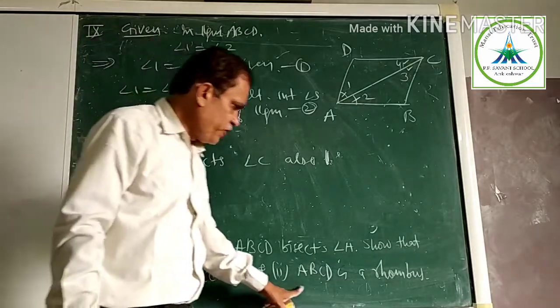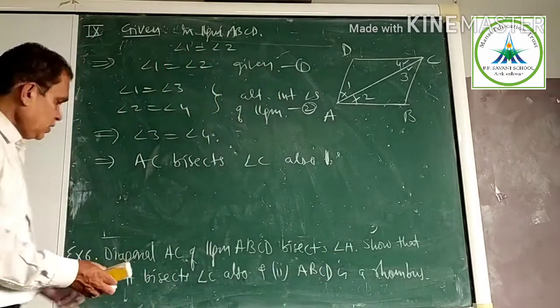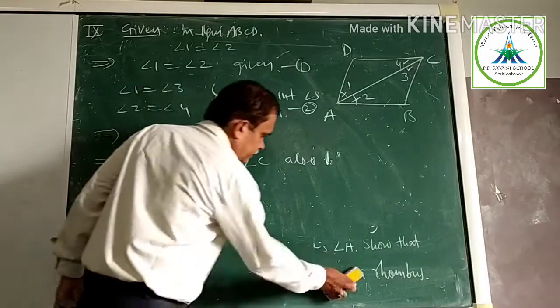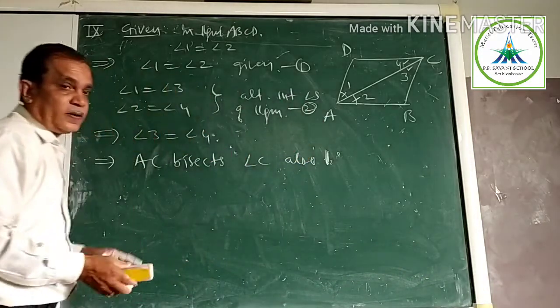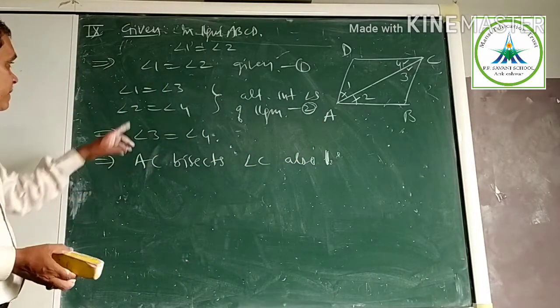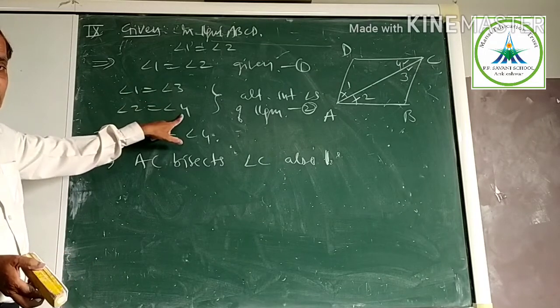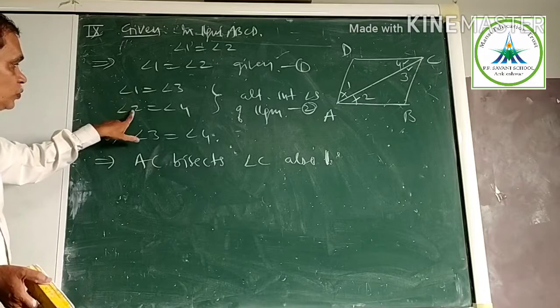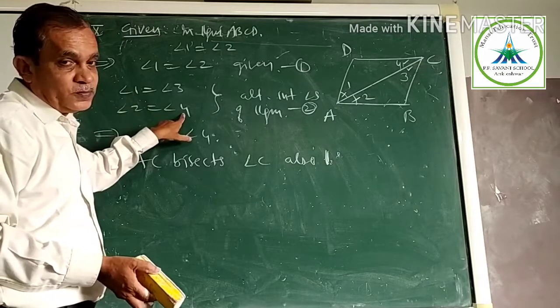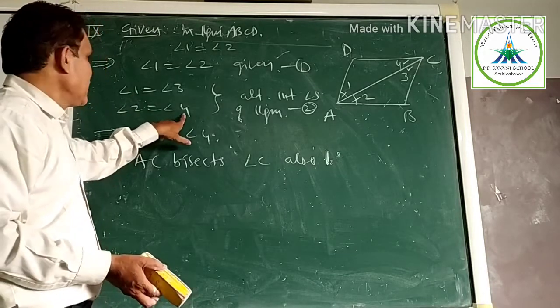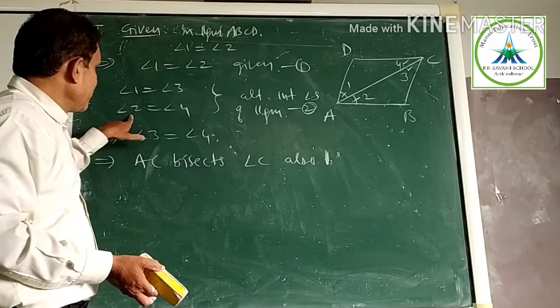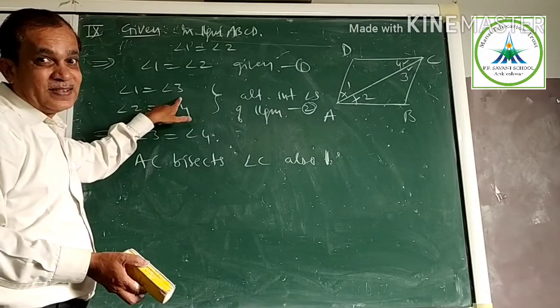Now we are going to show it is a rhombus. See students, all of you, look here. From here only we have got 1 equal to 2, so 3 equal to 4. If 1 equal to 2, so 1 equal to 4. Yes or no? If 1 equal to 2, then 2 equal to 3. Right?